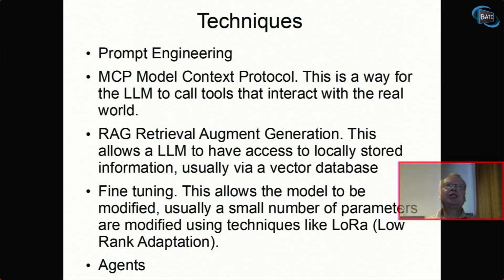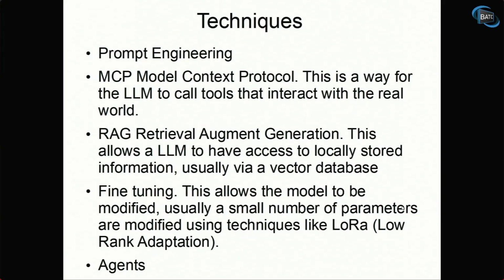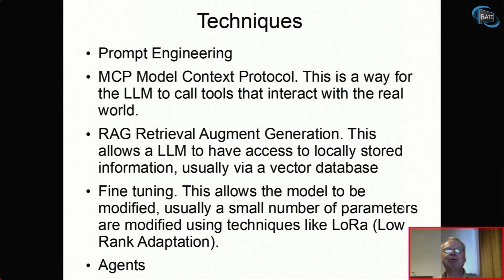Now, there are ways of improving how an AI works. I'm going to speed up, I think, because I'm coming to the end of my allotted period. You can do prompt engineering. That's where you tell it in the prompt exactly what you want, and give it information. For example, an AI normally doesn't know what the day and date is.